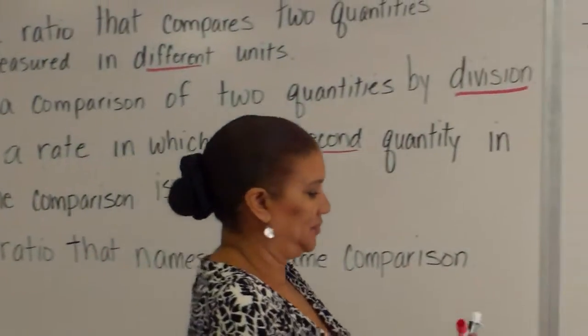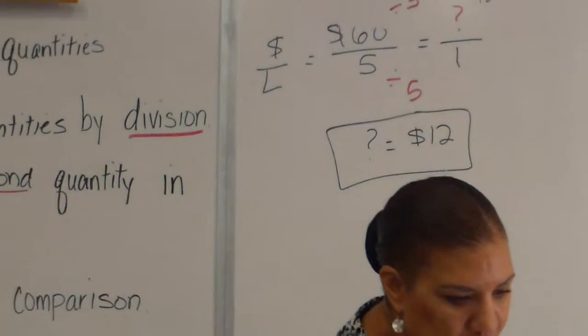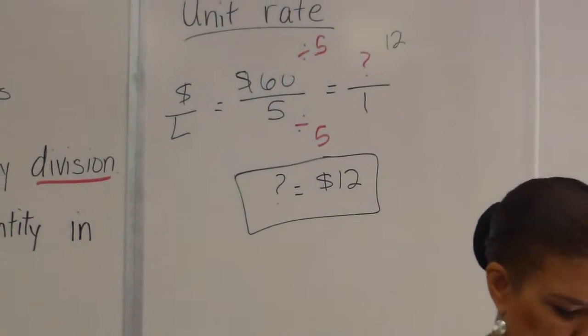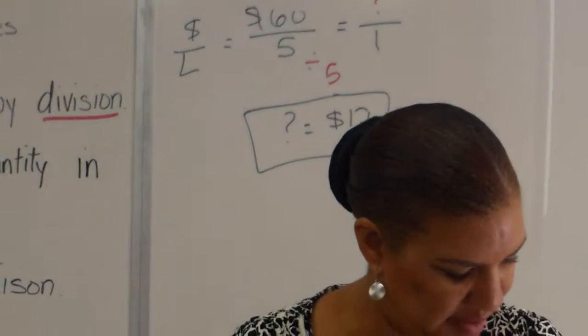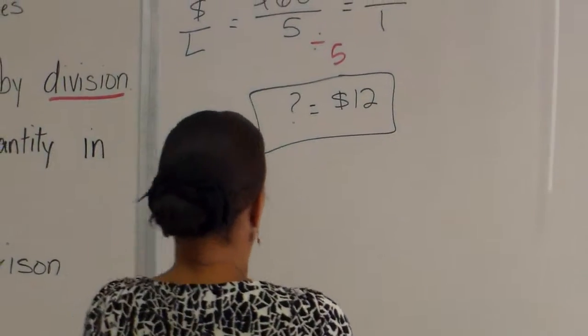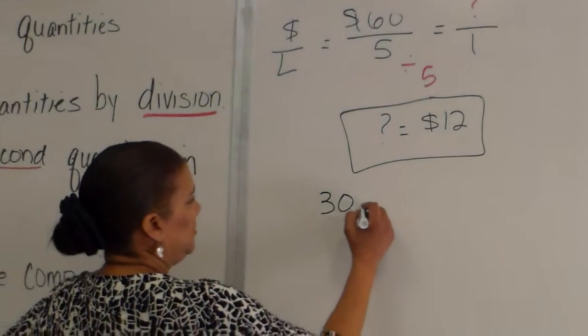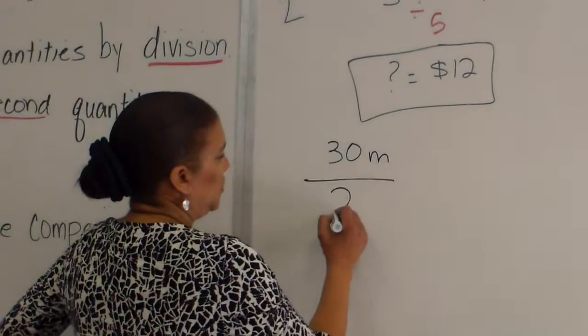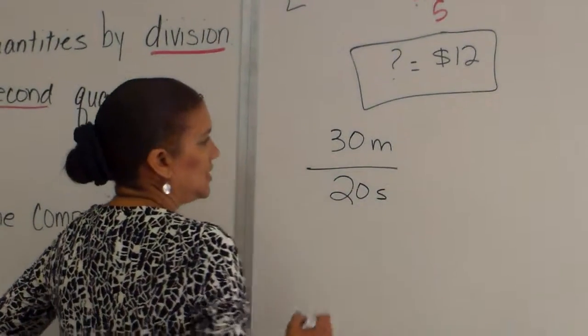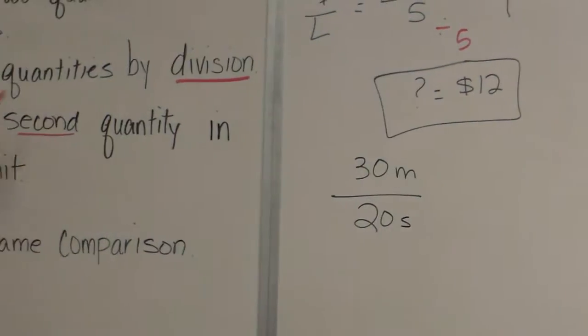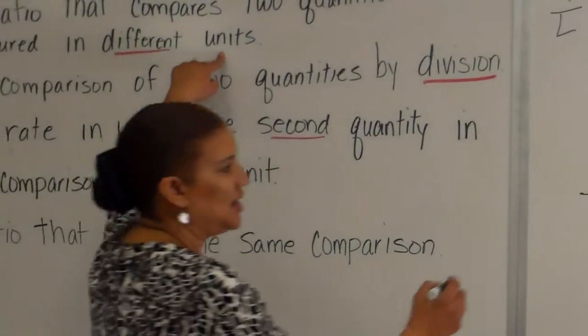Let's do another one. Michael walks 30 meters in 20 seconds. 30 meters, 20 seconds. What are my 2 units? My different units?